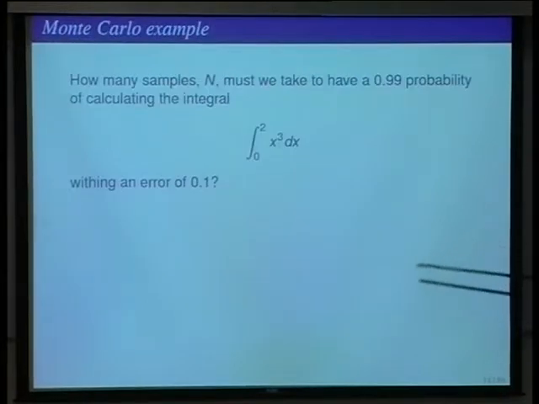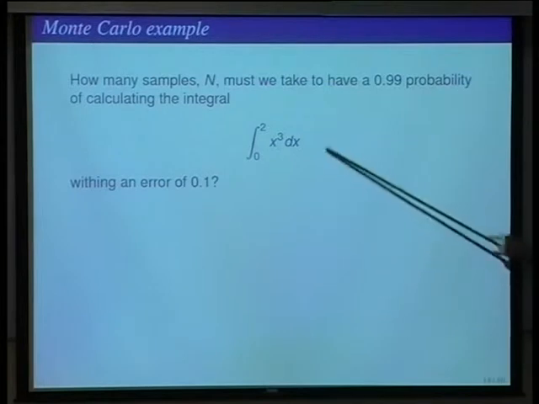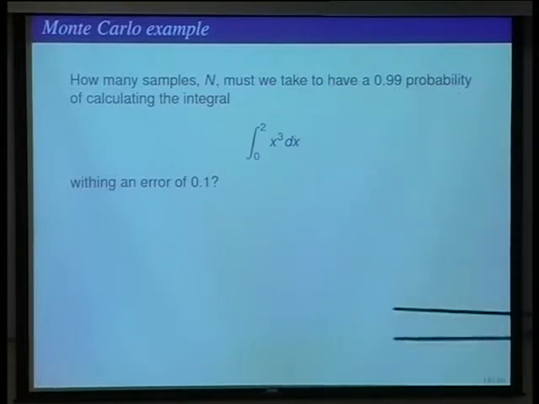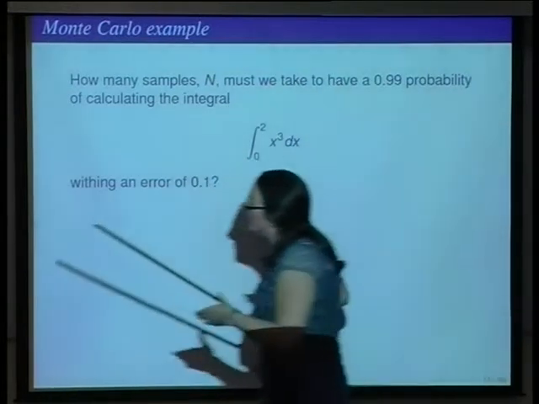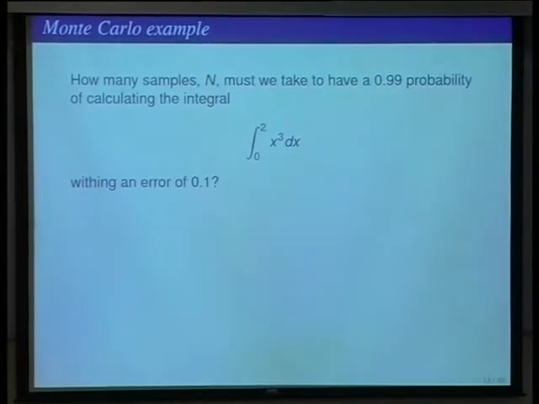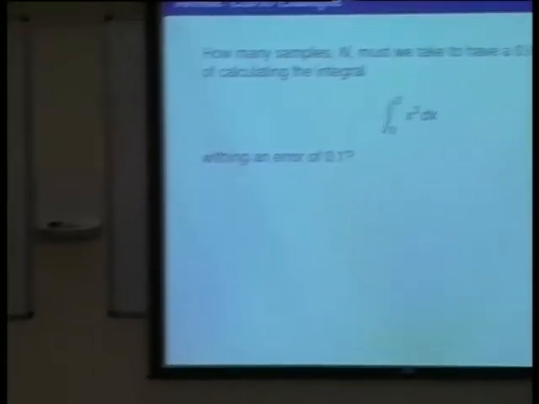Okay, so here's an example. You think about how many samples it takes to have a 99% probability, or 0.99 probability, in calculating this integral, with an error of 0.1. Those are two different things, and it's easy to get confused when you're first seeing this. Both of these things are prescribed.